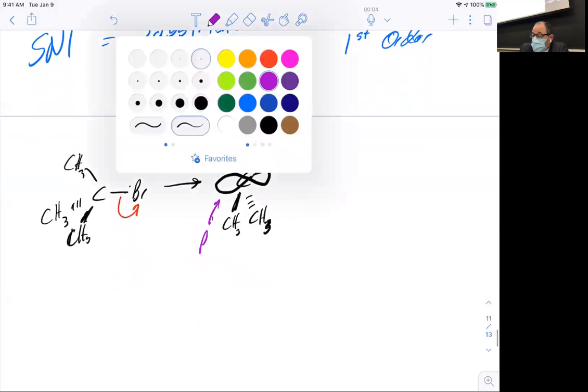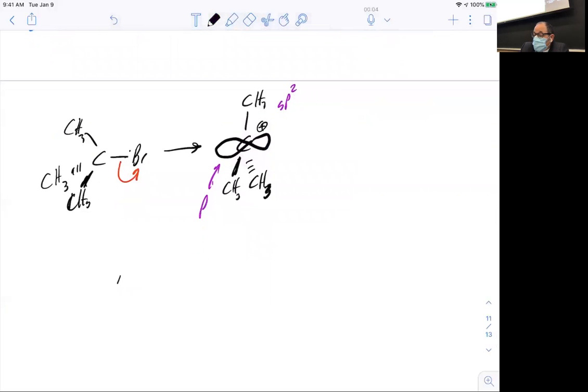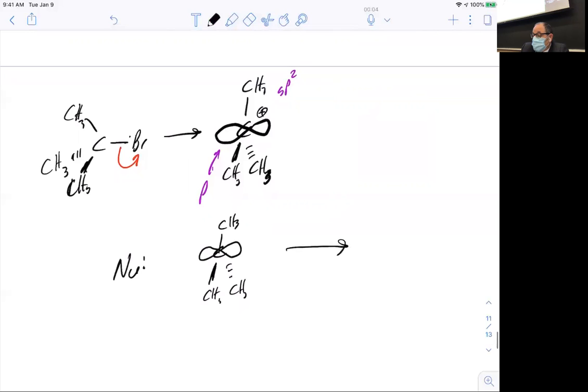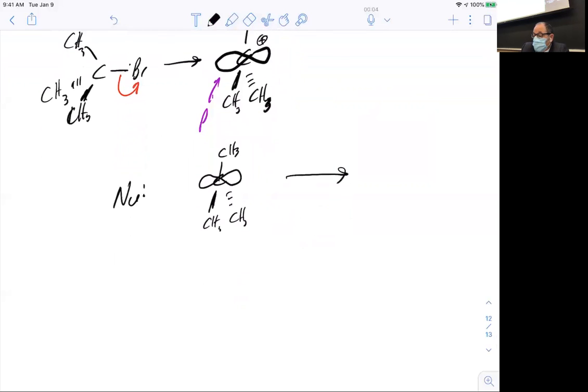So in the second step, when that nucleophile comes in and attacks, that nucleophile could come in from the opposite side, if we look at our starting material. Or it could have come in from the same side.